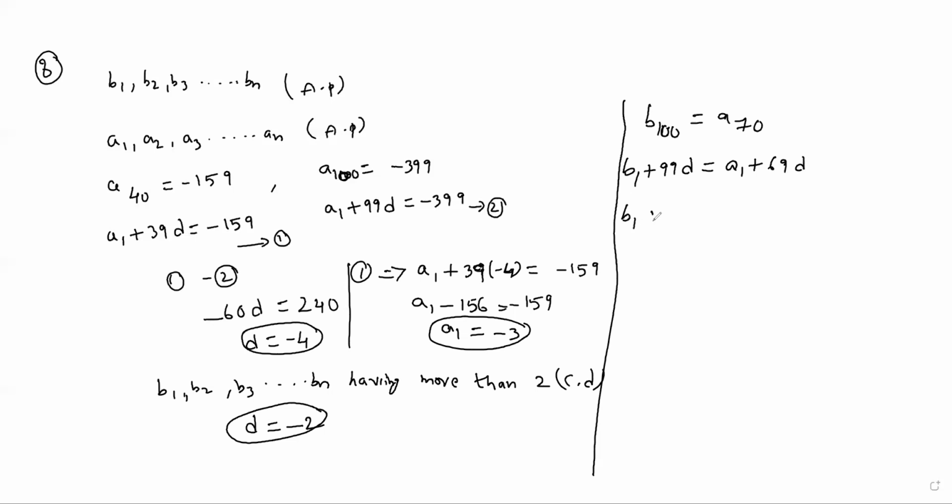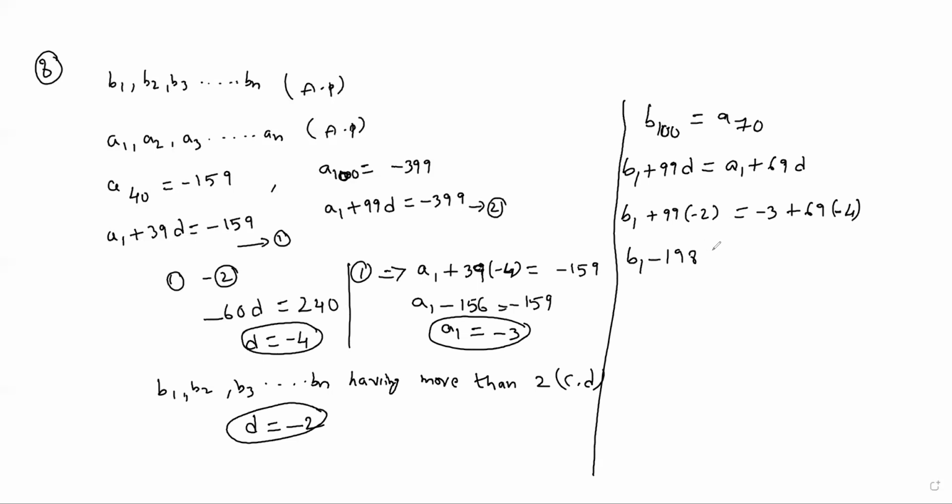Now B1 only we need to find out. 99 into the common difference, minus 2. A1 is clear, how much did we get already? Minus 3. 69 into, for A1, A2 and so on, what is the common difference? Minus 4. Here B1 plus 99 into minus 2, clearly how much will you get? Minus 198.